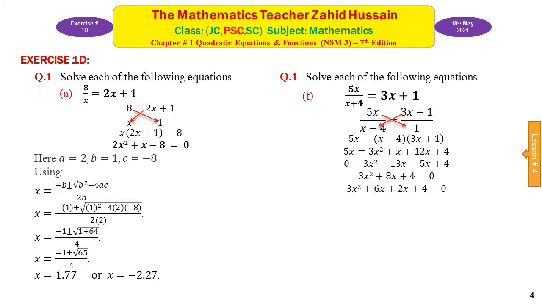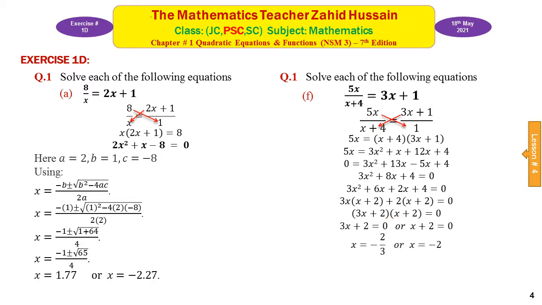We have solved these type of questions in exercise 3 chapter 3 and 4 of book 2, taking 3x common from the first two terms and 2 common from the last two terms, and we will get 3x plus 2 into x plus 1. Using the zero product property, putting each factor equal to 0, 3x plus 2 equal to 0 or x plus 1 equal to 0 will give you x is equal to minus 2 by 3 or x is equal to minus 1.